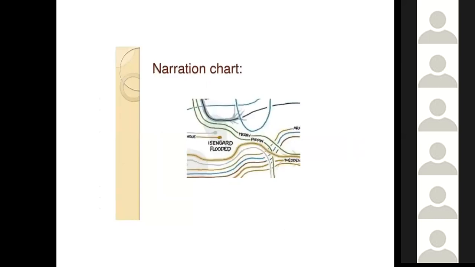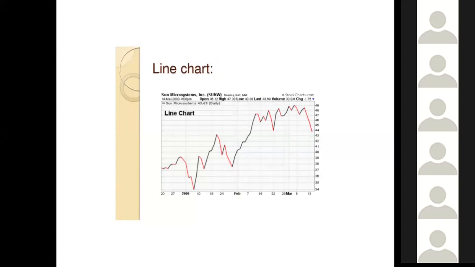This is another narration chart when you are doing mostly qualitative one. You can also put chart like this. Another is line charts, when you have a big sum of data, then using a line graph will show the movement of, for example, the stock exchange.